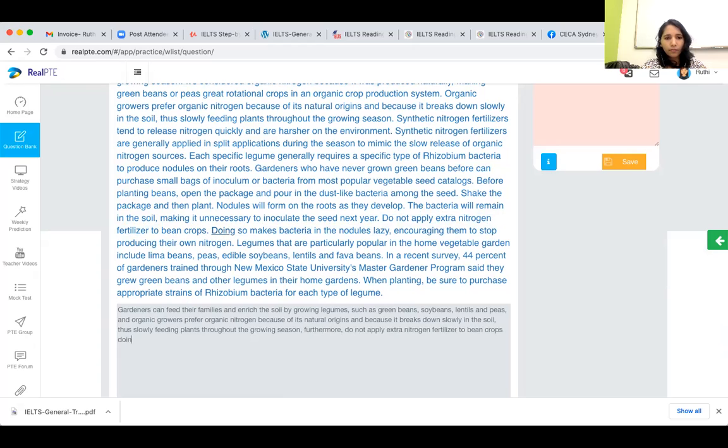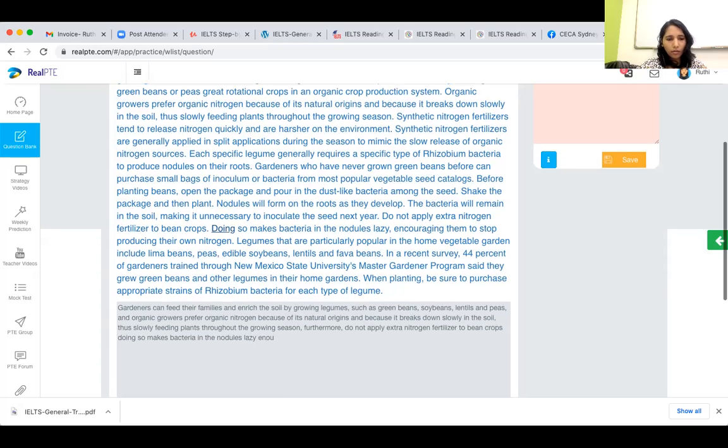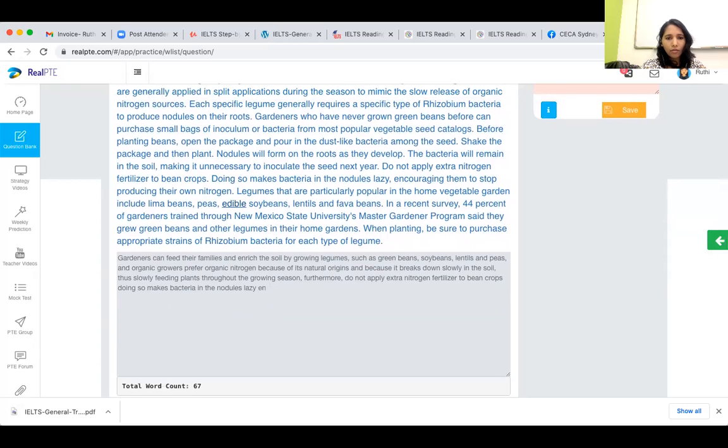Doing so makes bacteria in the nodules lazy, and I'm keeping an eye on my word count, encouraging them to stop producing their own nitrogen.